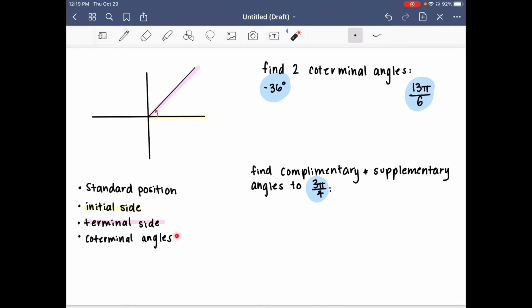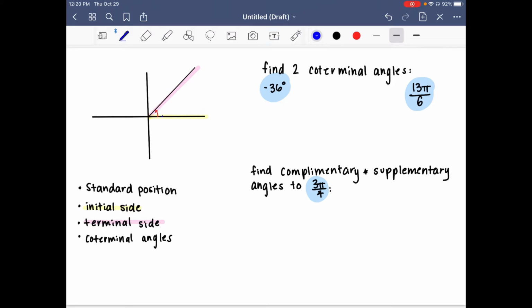Okay, now let's talk about coterminal angles. Coterminal angles have the same initial side and terminal side. So they're different angles that start and end in the same place. We have two main options. One is to have another positive angle that starts and ends in the same place.